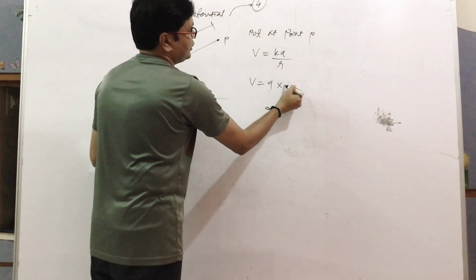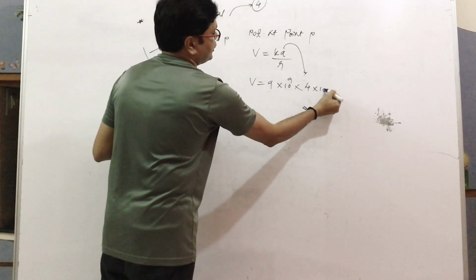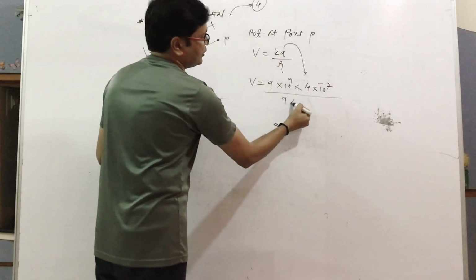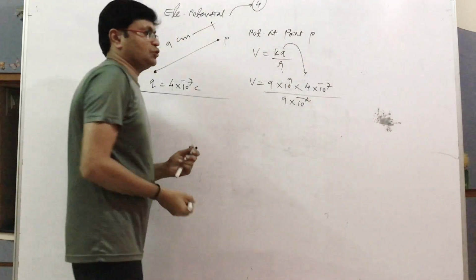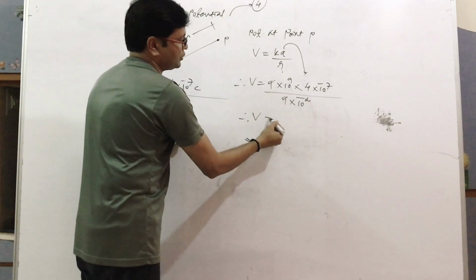What is K? You know that, 9 into 10 raised to 9. Q is 4 into 10 raised to minus 7. And R is 9 centimeters, so 9 into 10 raised to minus 2 meter. 9 cancels. So what's the answer for V?